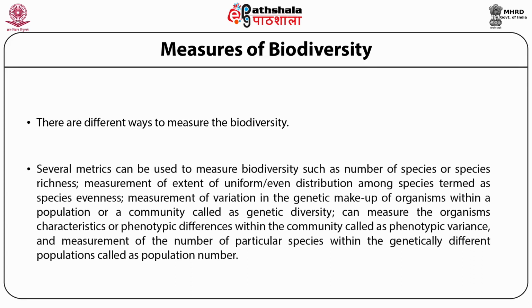Several metrics can be used, such as number of species or species richness; measurement of the extent of uniform, even distribution among species, termed species evenness; measurement of variation in the genetic makeup of organisms within a population or a community, called genetic diversity; measurement of organism characteristics or phenotypic differences within the community, called phenotypic variances; and measurement of the number of particular species within genetically different populations, called population number.